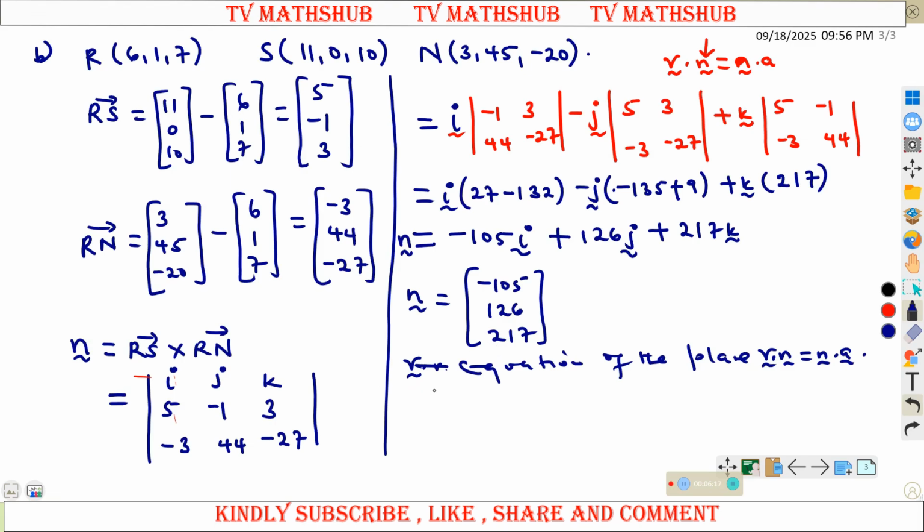So we shall have our r as a general point, which is x, y, and z. Then n is what we have got here, -105, 126, and 217. That is what we are having.